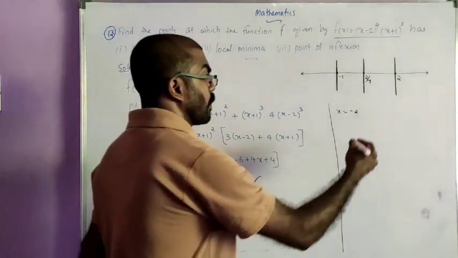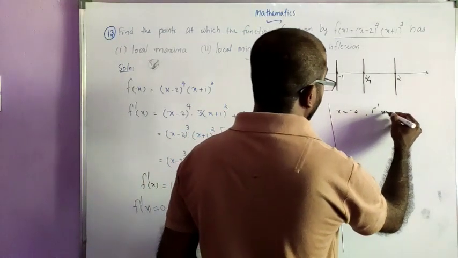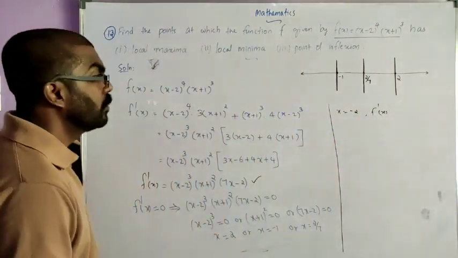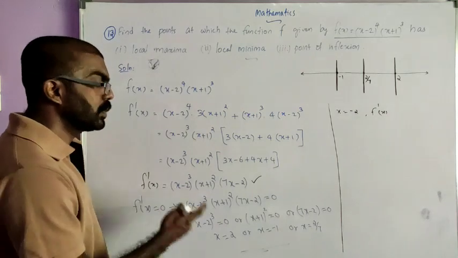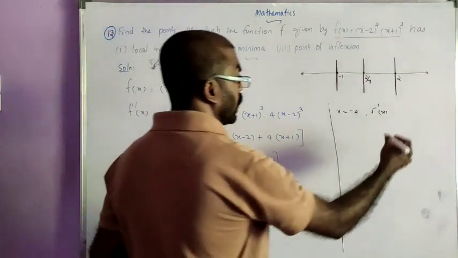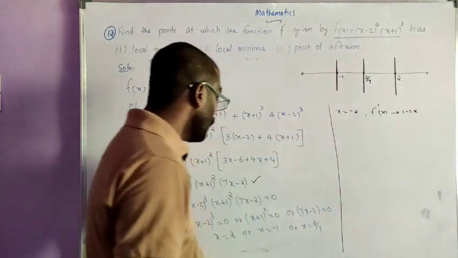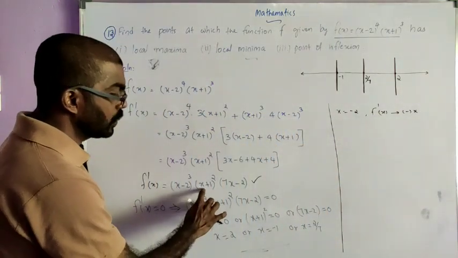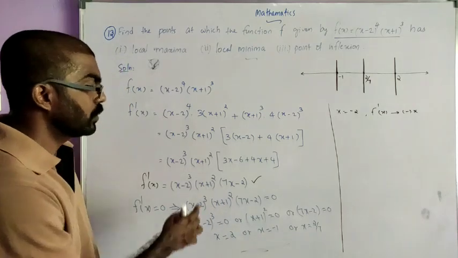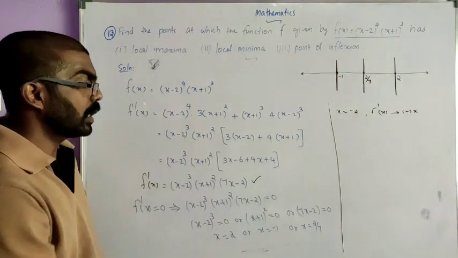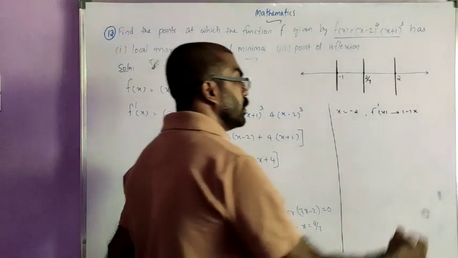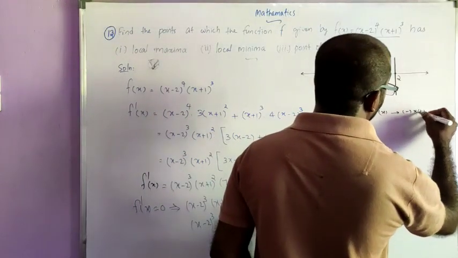So here f dash of x becomes (minus 2 minus 2, minus 4) the whole cube, the sign is negative. So minus into, and in the next term, (minus 2 plus 1) the whole square. Minus 2 plus 1 is minus 1, and while taking the square, it becomes positive. So in the second term, it is positive.